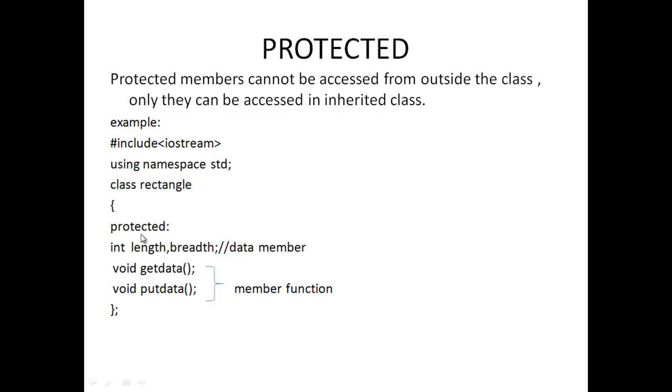That means under the protected keyword I am declaring some data members and member functions. Okay. This is the access specifier, and depending on the criteria, the programmer decides which data values go under public, which members go under private, and which under the protected keyword.